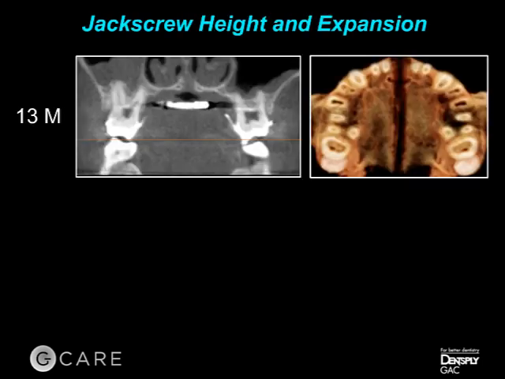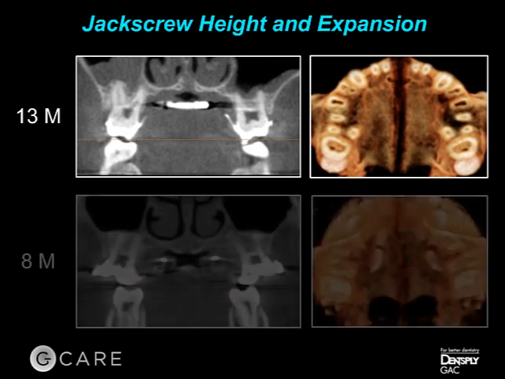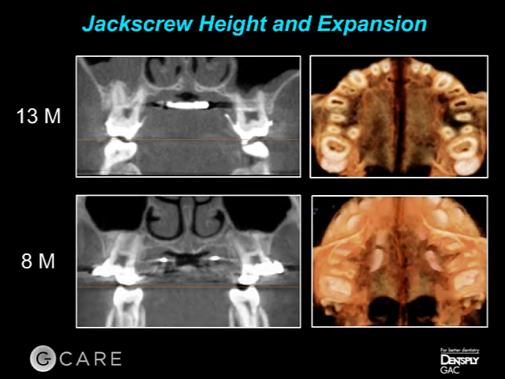To reinforce that even more, if we look at that case of the 13-year-old boy, where that screw was as high up as possible, and now we compare that to the case of an 8-year-old boy, where the screw is much, much lower. These were both 8 millimeter expansion screws.